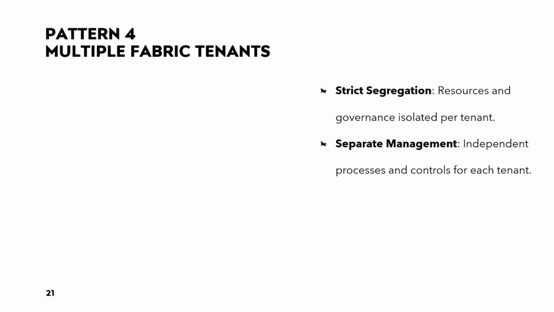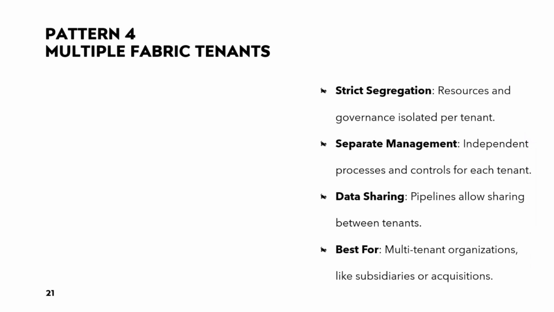There's full separation of management. Again, two companies. One company can run fabric in this tenant, another company runs fabric in this tenant, and there can be complete separation of these processes, controls, management, whatever. Data sharing would require pipelines between the two tenants and, of course, network communication. And it is best for multi-tenant organizations.